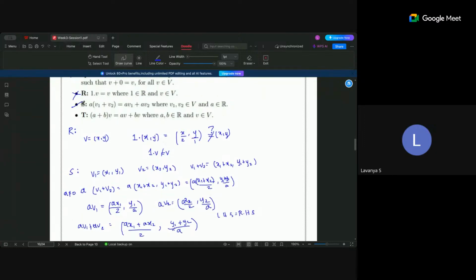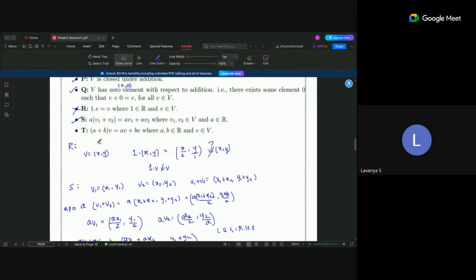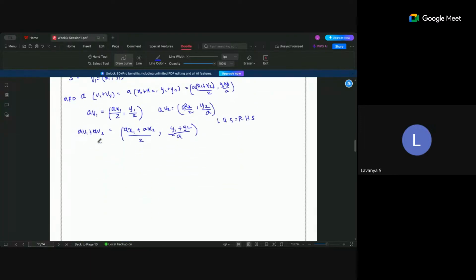Correct? Okay. Now let us look at the next property, which does not hold true. So you have (A plus B) times (x, y). So this is ((A plus B)x/2, y/(A plus B)), assuming A plus B is non-zero.